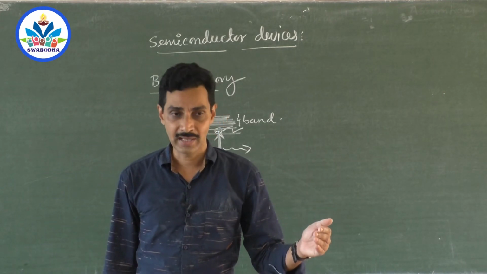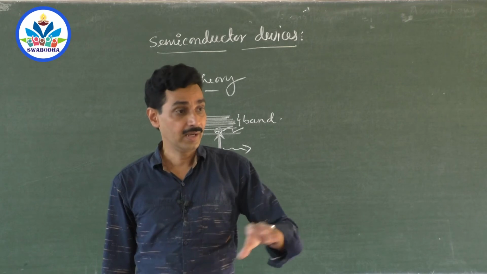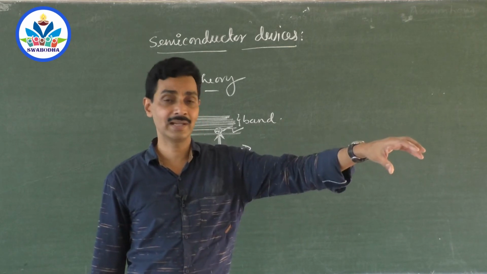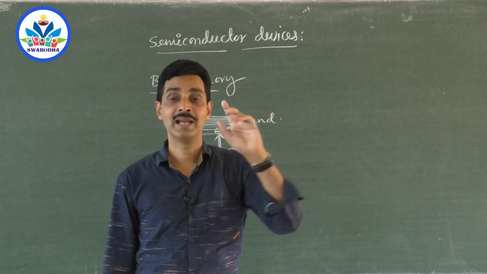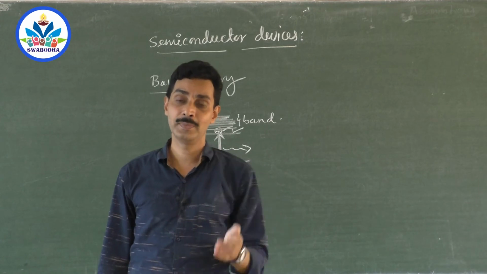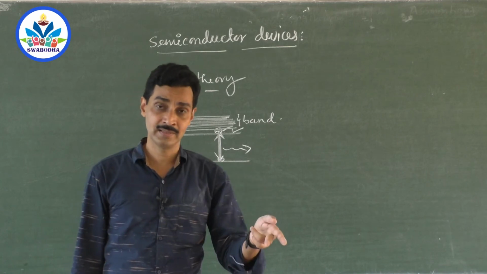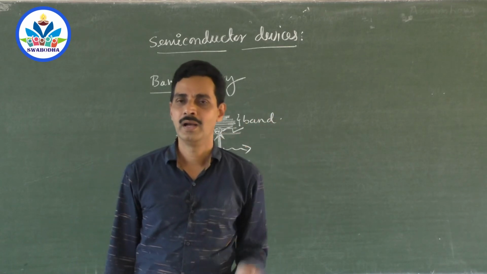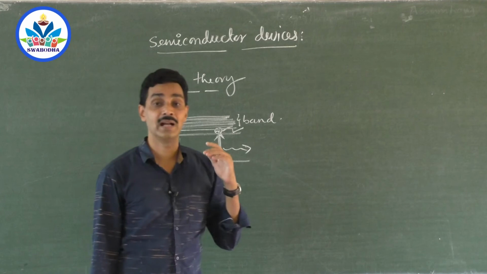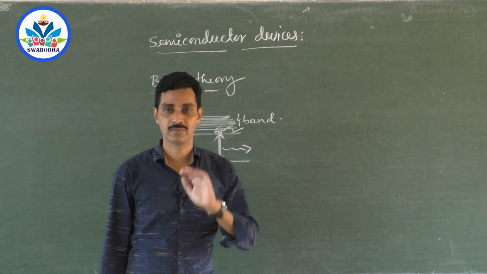And if you go beyond that energy level, don't you get any electron? No, sir. Then that energy band which is filled with electrons is called the valence band. Valence band is the highest energy band which contains electrons, right?